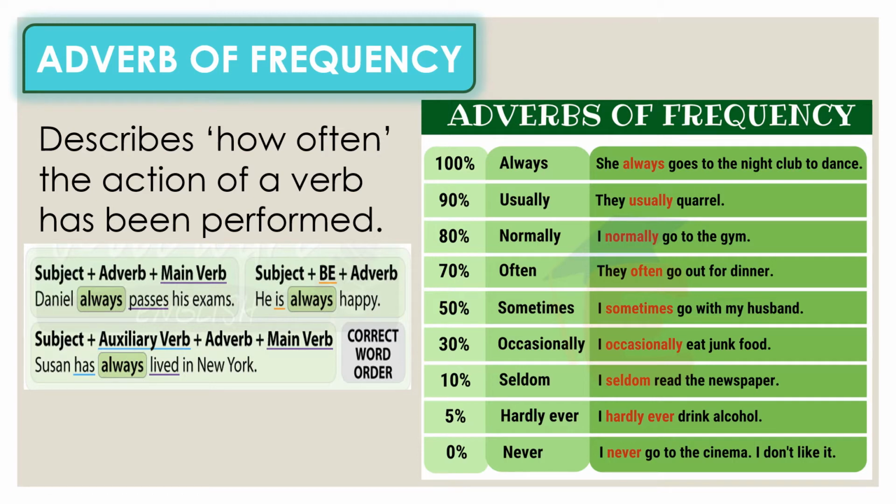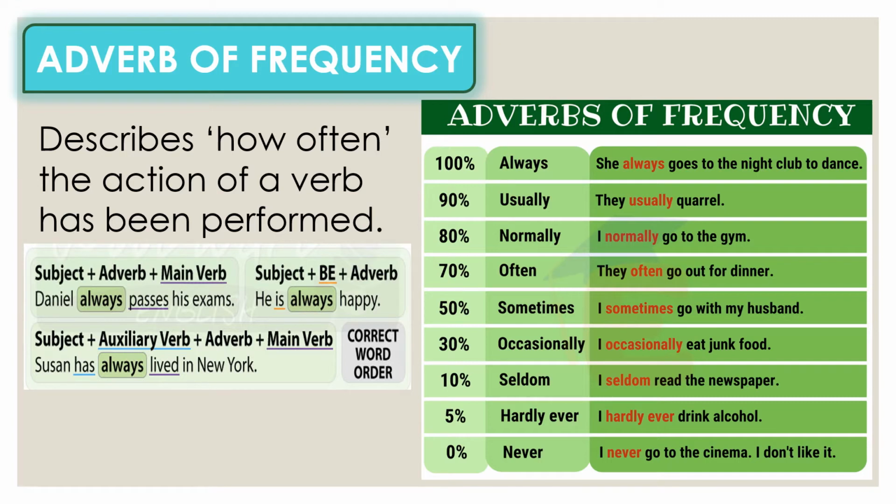So as you can see, 0% is never, 5% hardly ever, 10% seldom, 30% occasionally, 50% sometimes, 70% often, 80% normally, 90% usually, and 100% is always.